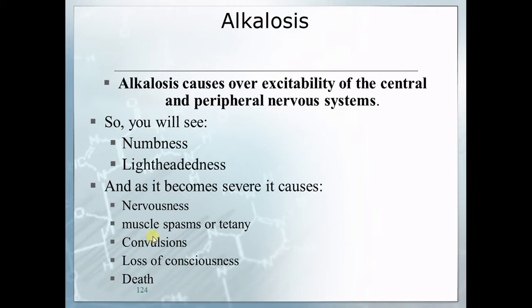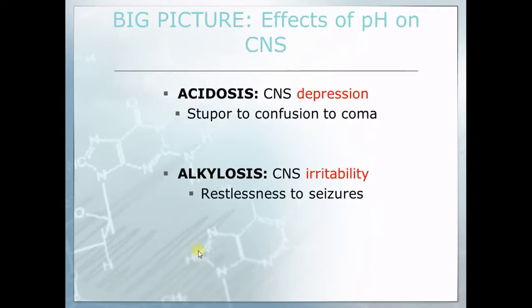When you're convulsing, are you having depression of the muscles or overactivity of the muscles? Overactivity. They're excitable. So these are excitable situations. Numbness, lightheadedness, tingly, nervous, convulsions. Then they black out. And then if they're not brought back into a normal pH, then of course that leads to death too. And if it goes over 7.8 or 8.0, that's when they're going to die. So those are the two general ideas you want to keep in mind.